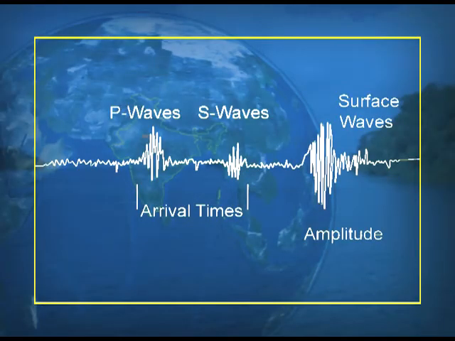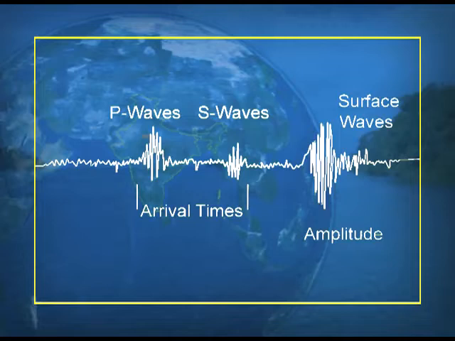Now earthquake waves travel on the surface of the earth, and if you can see this diagram, it gives us the earthquake wave diagram, how the waves appear on the seismograph with respect to P waves, S waves and surface waves.